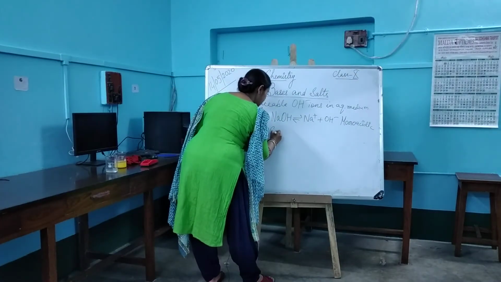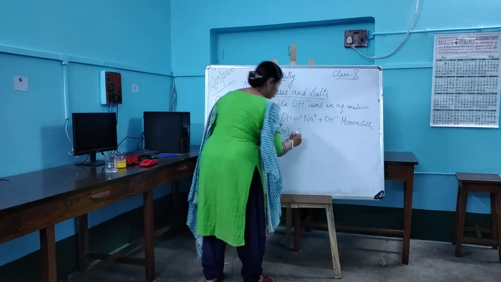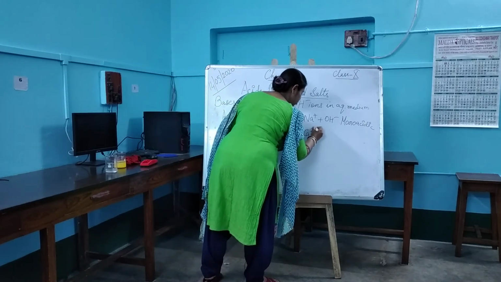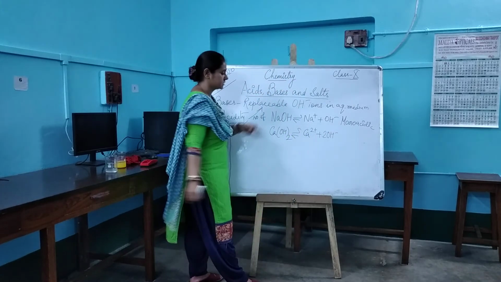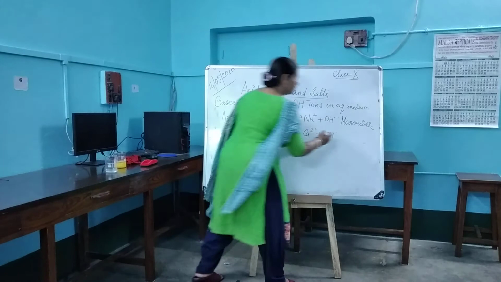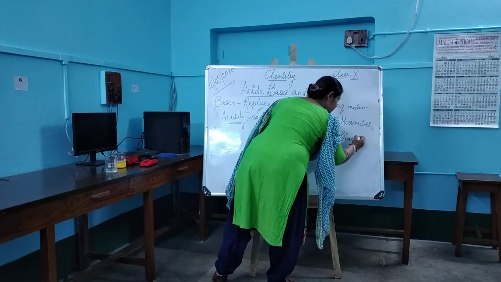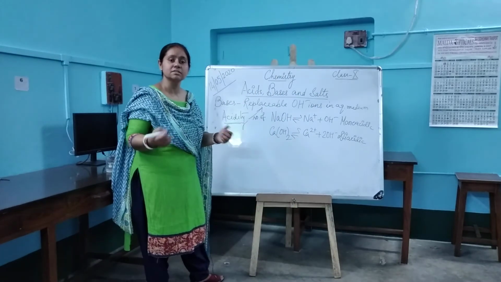Again, we have calcium hydroxide, Ca(OH)2. On dissociation, what will you get? Ca2+ and 2OH-. I have two replaceable hydroxyl ions. That is why this will be classified as a diacidic base.